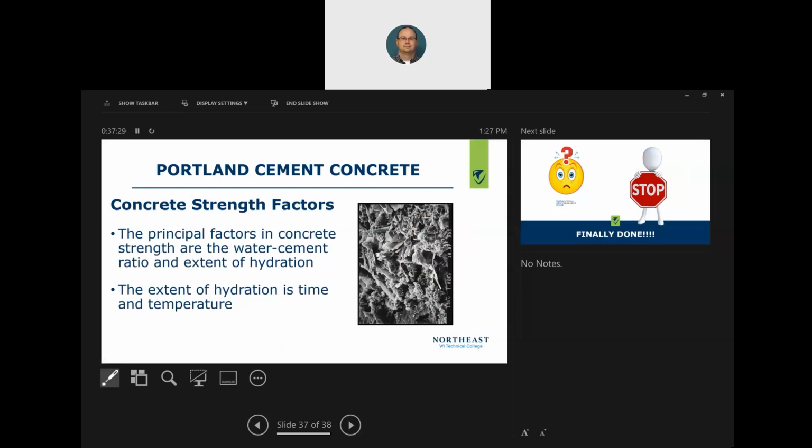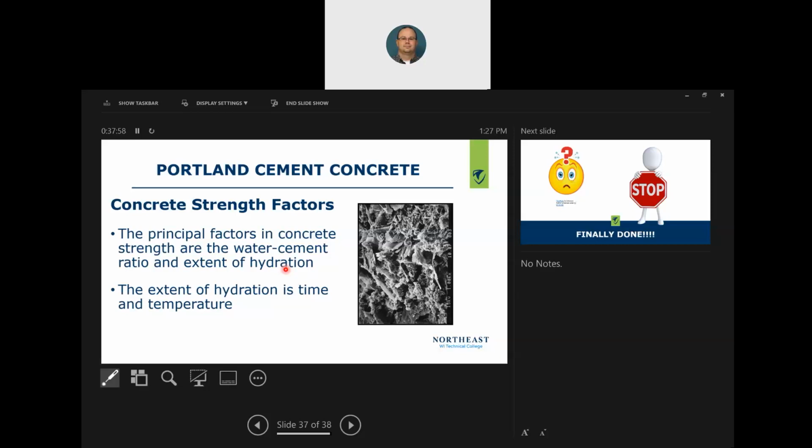So concrete now is Portland cement, water, and aggregate. The principal factors in concrete strength are the water cement ratio and the extent of hydration. The extent of hydration is time and temperature. Okay. I think I saw an article a year or 2 years ago. They actually finally found a spot in the Hoover Dam where 100% of the hydration was completed in the concrete.